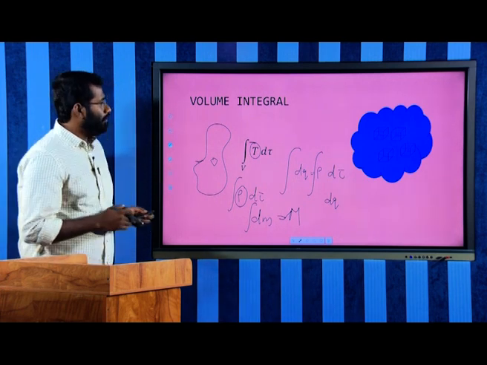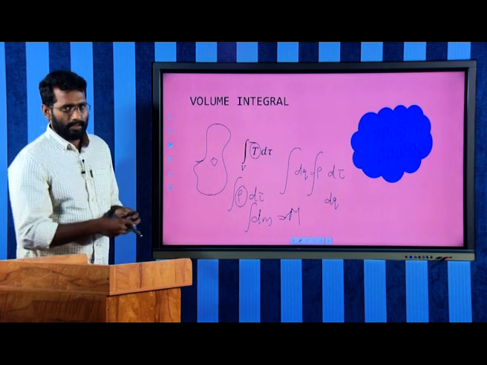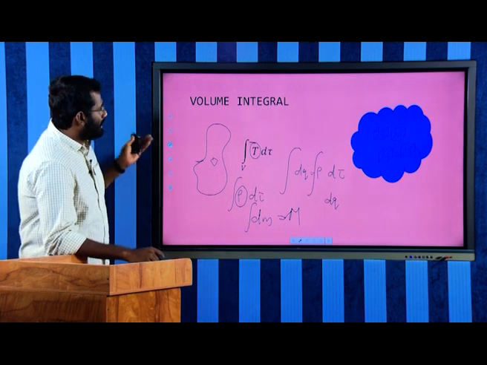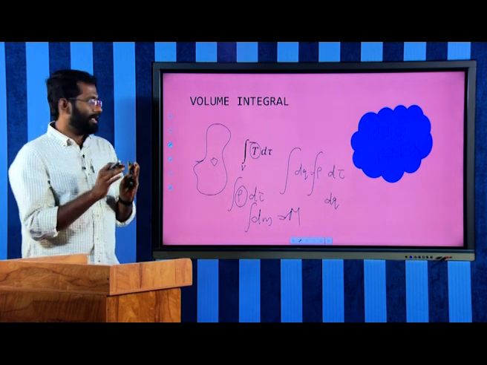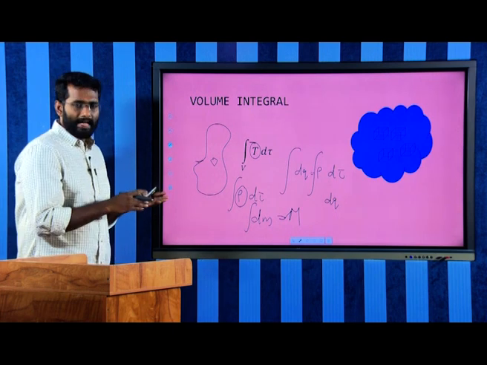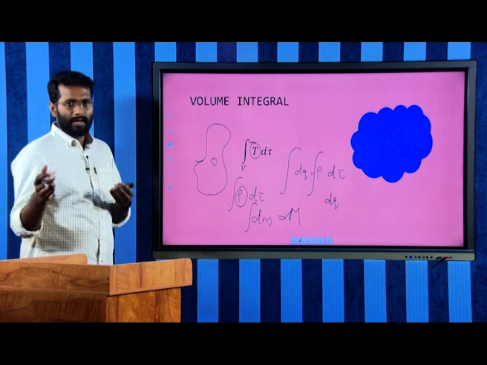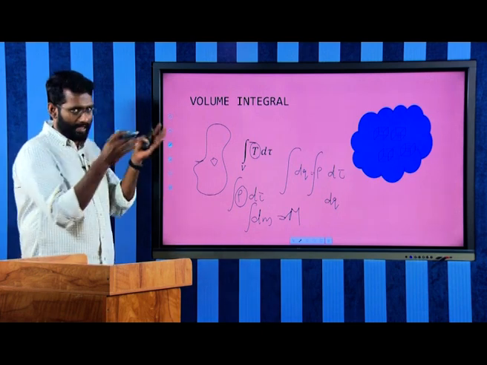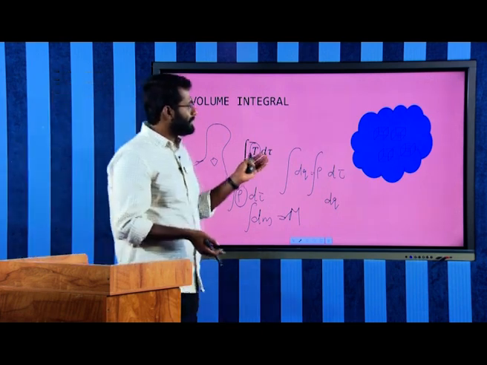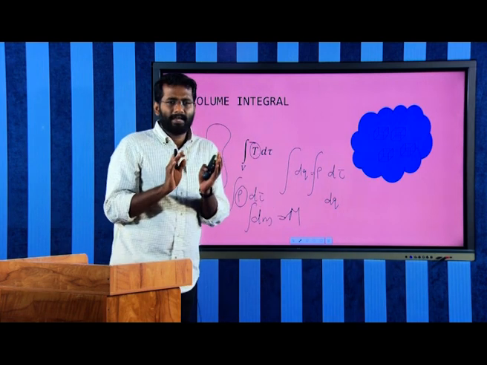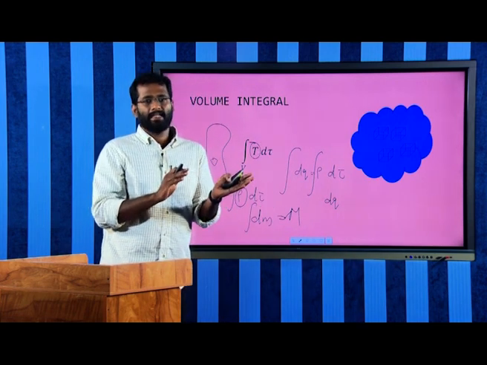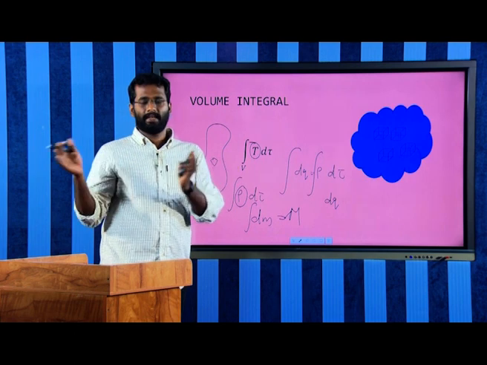So now we have some fundamental theorems that connect the integrals with their boundaries, that is, a line integral can be connected with its endpoints, a surface integral can be connected with its bounding line, and a volume integral is enclosed by a surface. So we can connect a volume and a surface, a surface and a line, and a line and its endpoints.